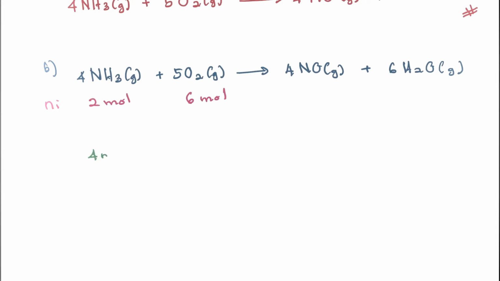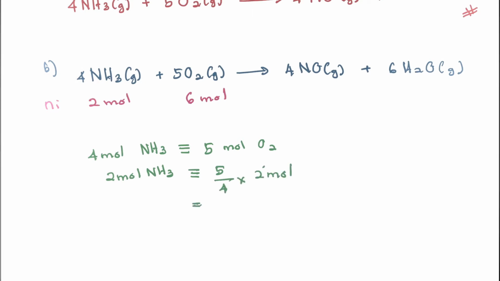So 4 mole of ammonia is equivalent to 5 mole of oxygen. If we have 2 mole of ammonia, it means that we need 5/4 times 2 mole of oxygen, so you will get 2.5 mole.